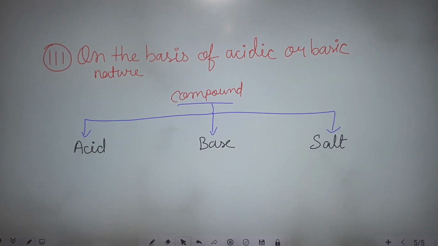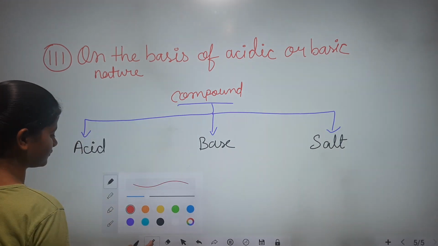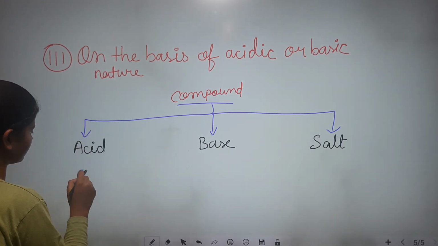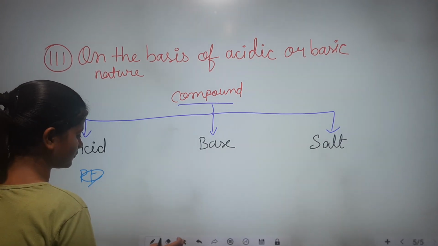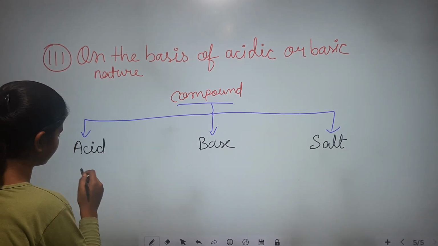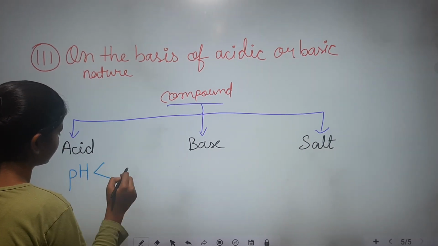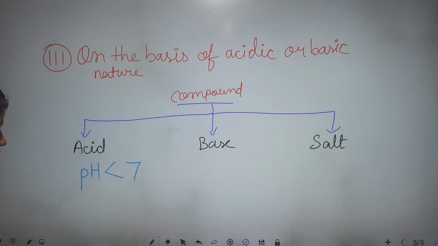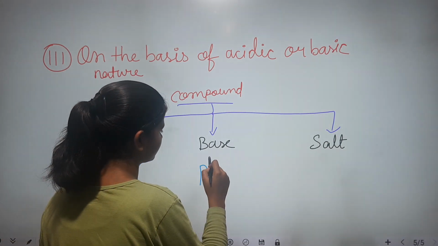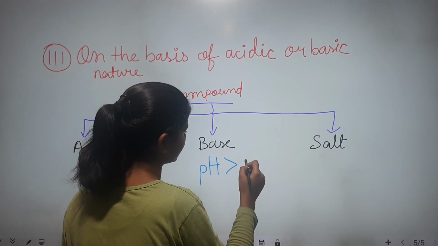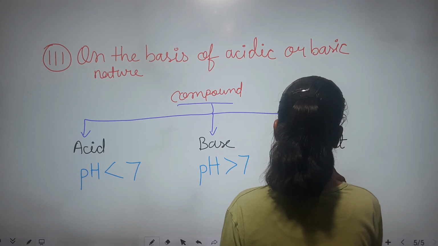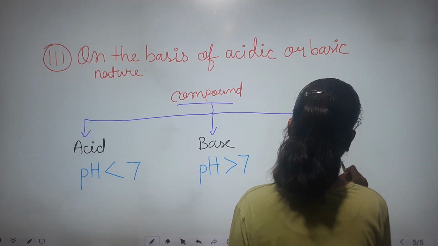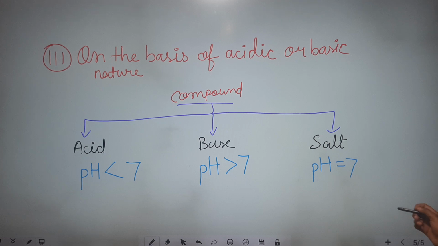Okay, we all know the pH value of acid is less than 7. Okay, and the pH value of base is greater than 7, and the pH value of salt is equal to 7.